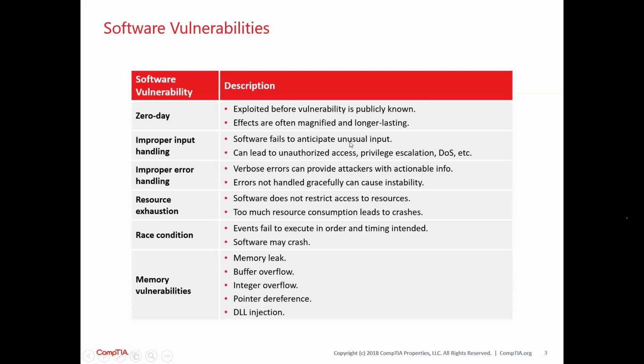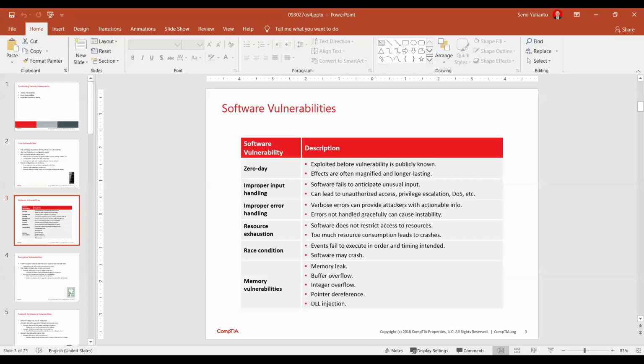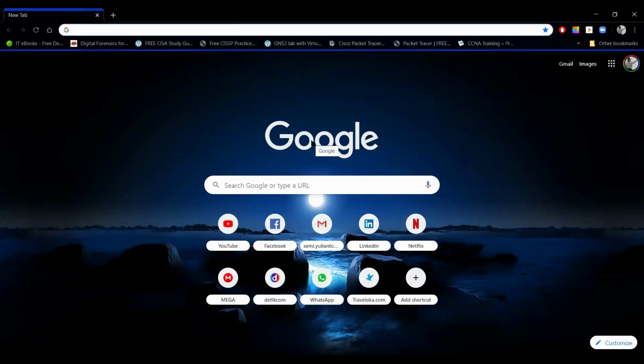Let me give you an example of improper error handling, as well as improper input handling. Let me open up my Google. I'll give you a new share. Can you see my Chrome open? Let me know.